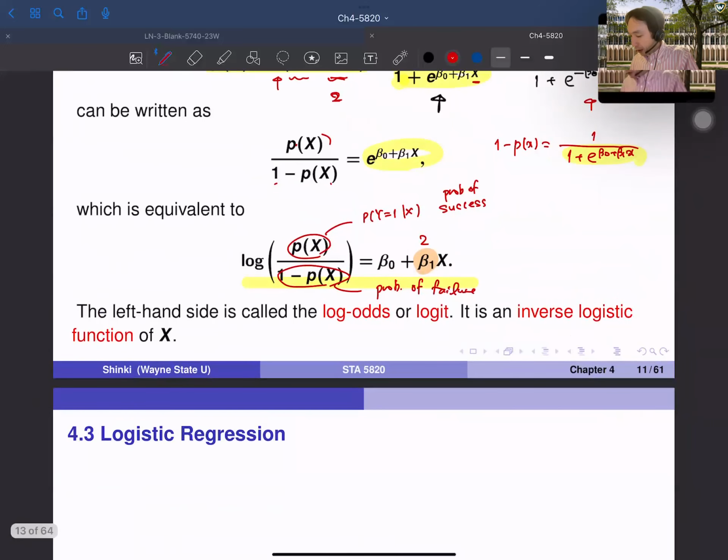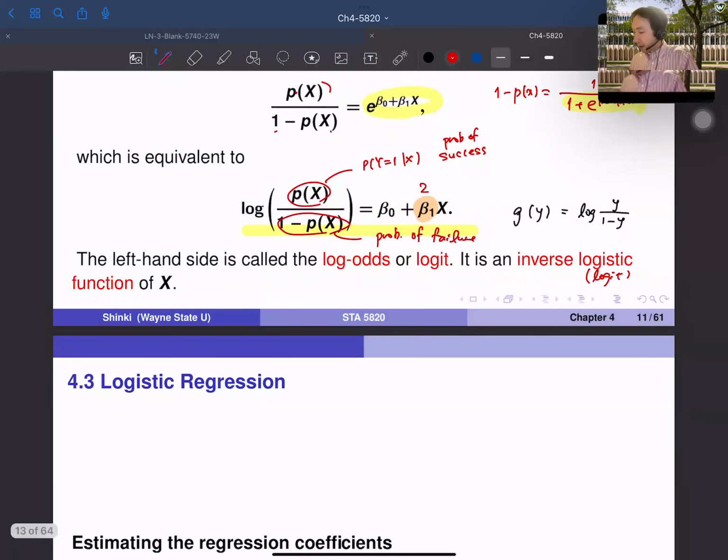Yeah, and actually the g of y, that is the function of log of y over 1 minus y. So this is the inverse function of the logistic function. So we say this is an inverse logit or inverse logistic function. Not many functions have an inverse, at least.